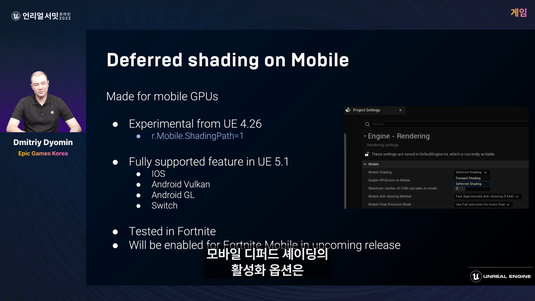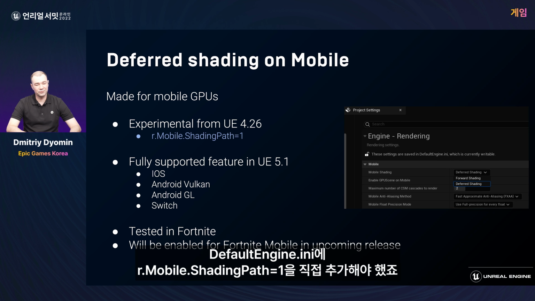The option to enable mobile deferred shading can be found in the project settings in the mobile section of Unreal Engine 5.1. For older Unreal Engine versions, you will have to add r.Mobile.ShadingPath=1 into your project's default engine.ini.